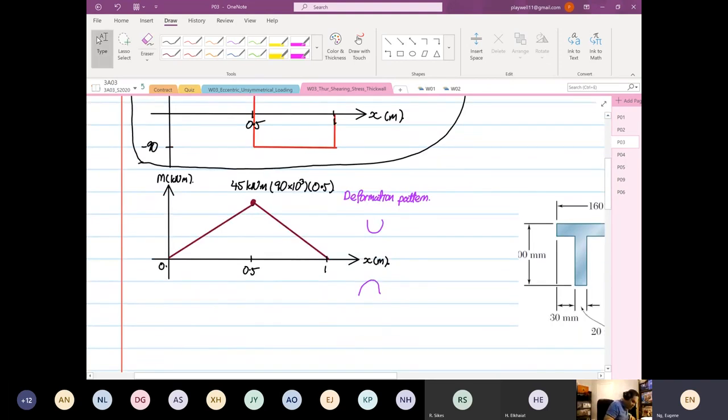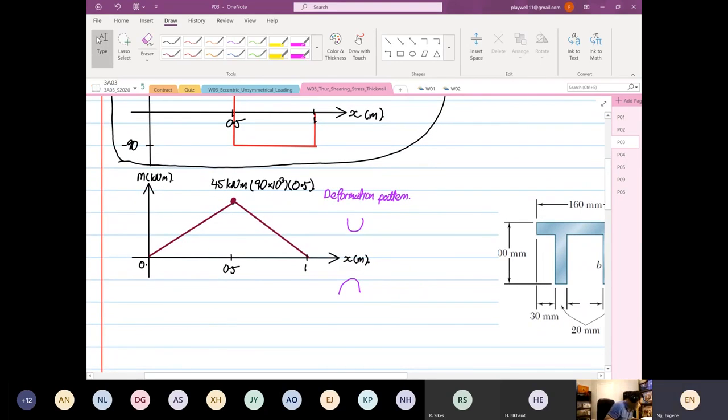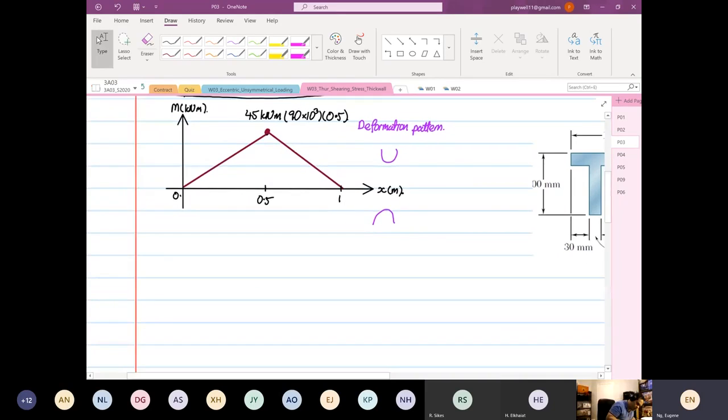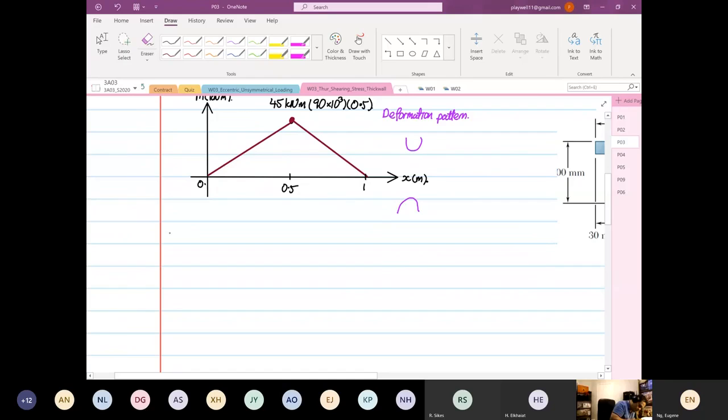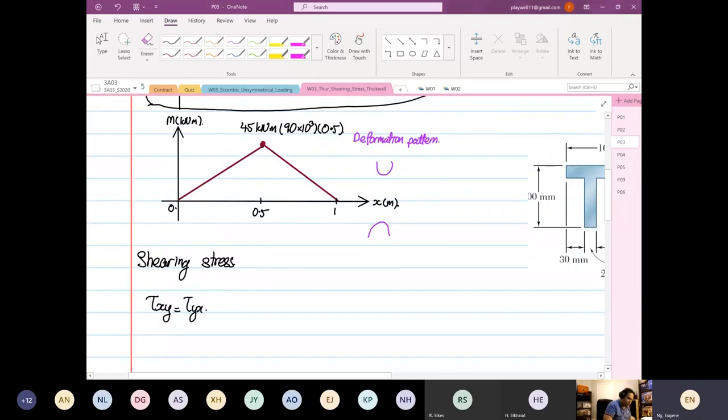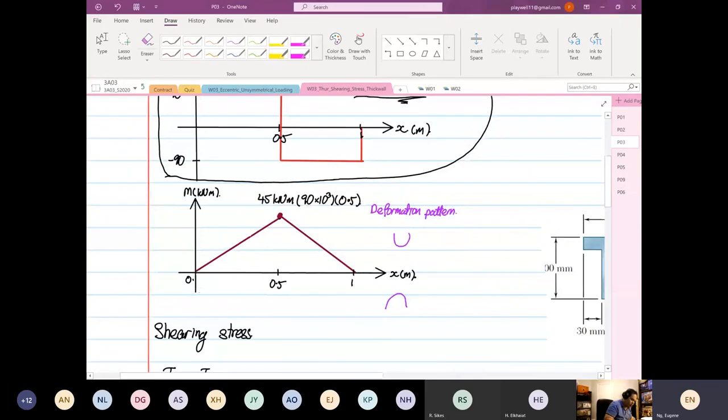So from here, we are going to calculate our shearing stress. Our shearing stress equation is shear xy is equal to shear yx. We're still calculating shear xy and shear yx, right?